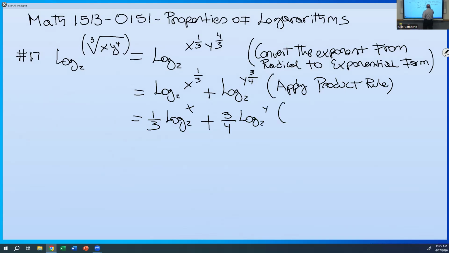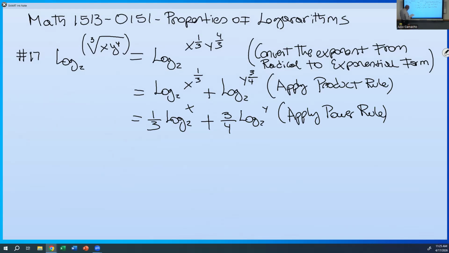So we apply the power rule. And that would be the final answer because there is nothing else we can do there right now.